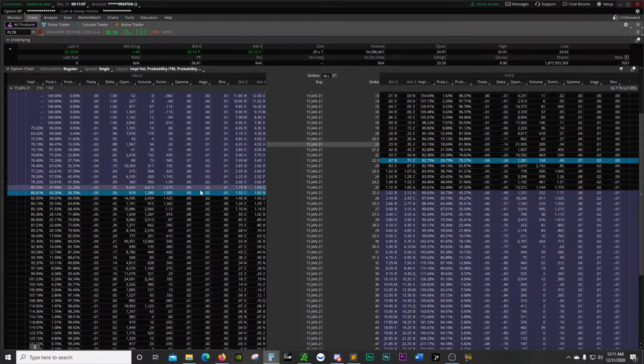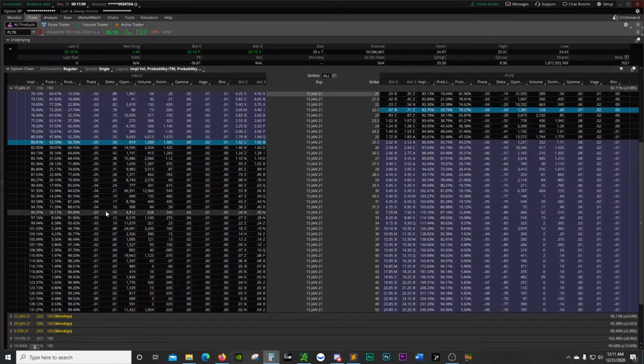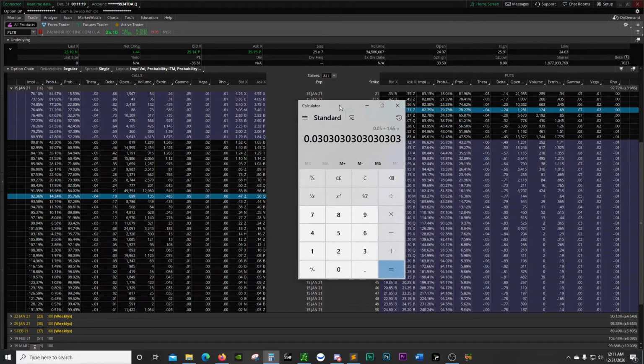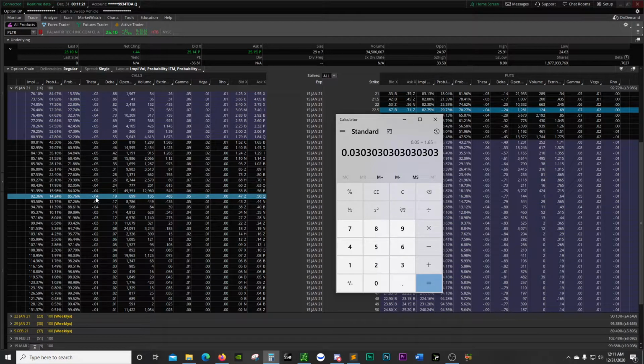But if I go somewhere that's not super far out of the money, right here to the 30.5 strike, the price for this option is 50 cents and theta decay is 4 cents. If I do 4 divided by 0.5, now I'm looking at an 8% theta decay.